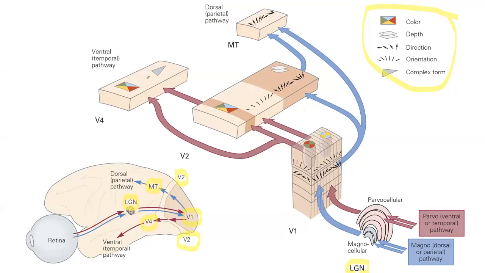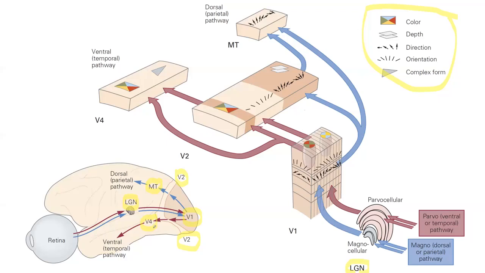So form and color are processed in separate pathways in low-level vision up to at least an intermediate area, which is called V4. And this is the information that I would like you to remember and take away from this slide because we are going to build upon this information later on.